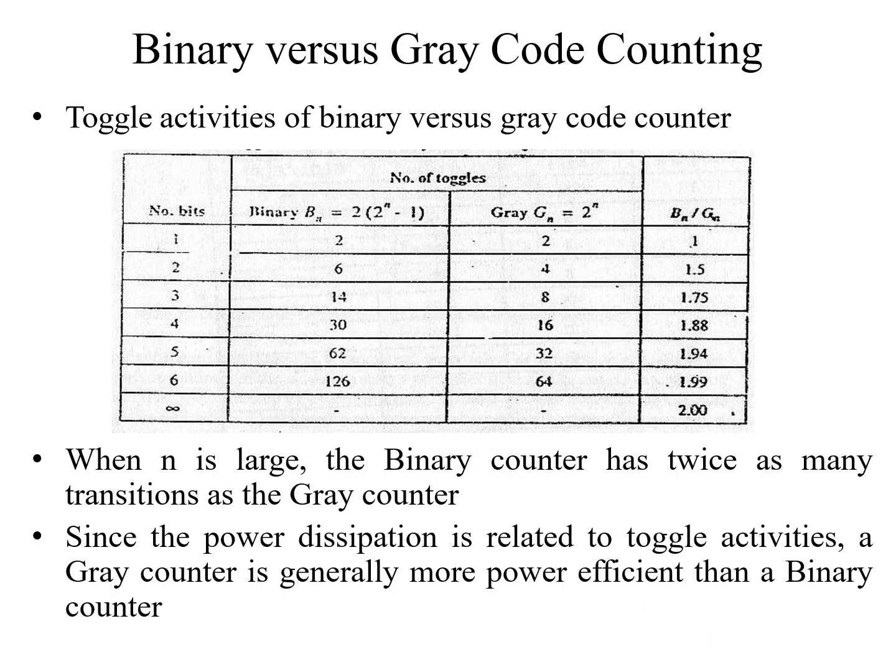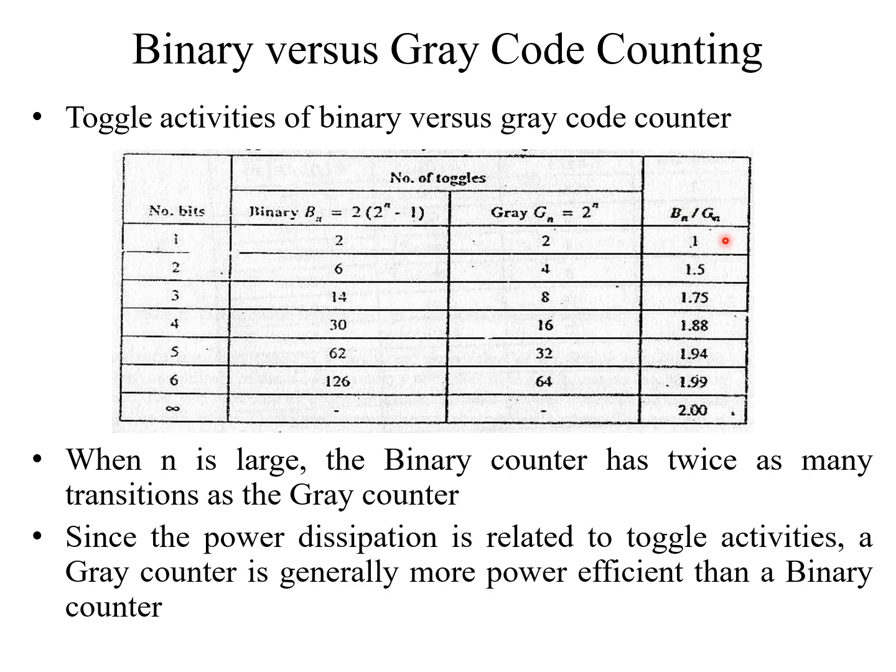Binary versus gray code counting. Toggle activities of binary versus gray code counter. Number of toggles: for binary it is 2 times (2^n minus 1), for gray only 2^n.